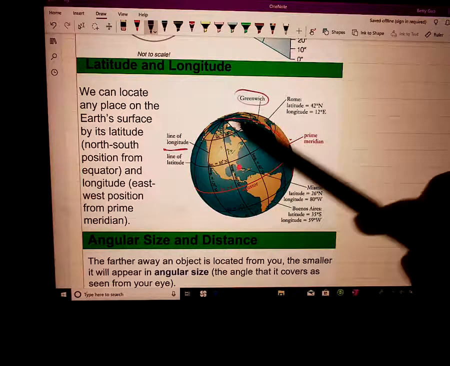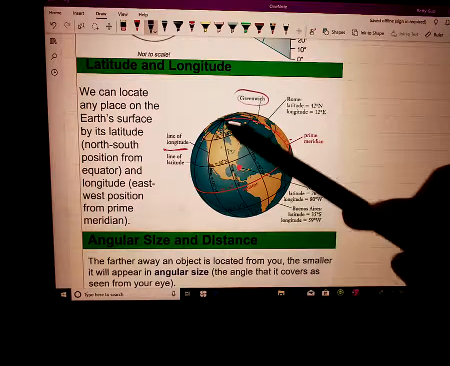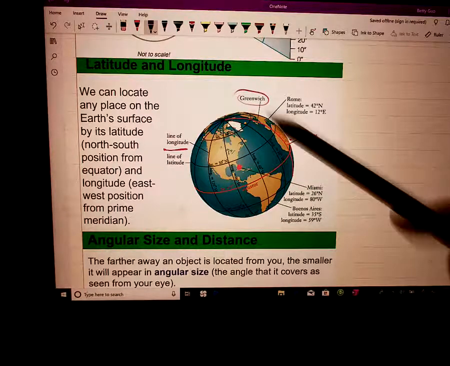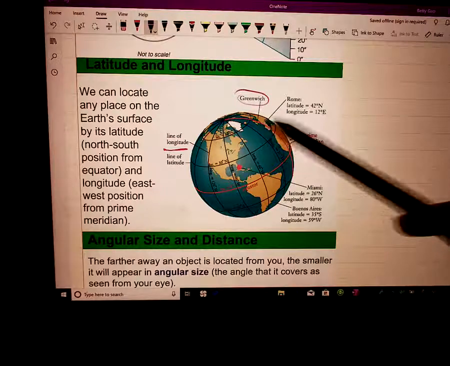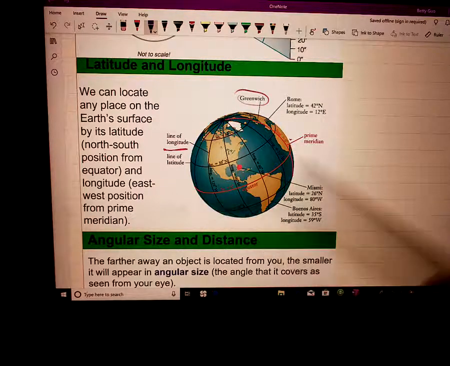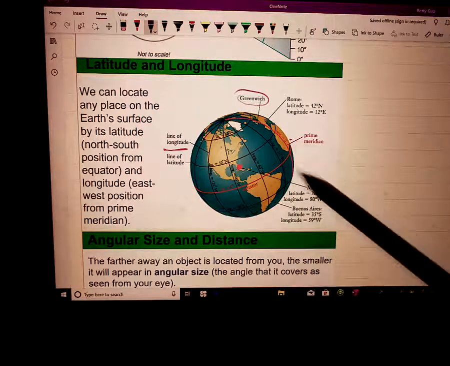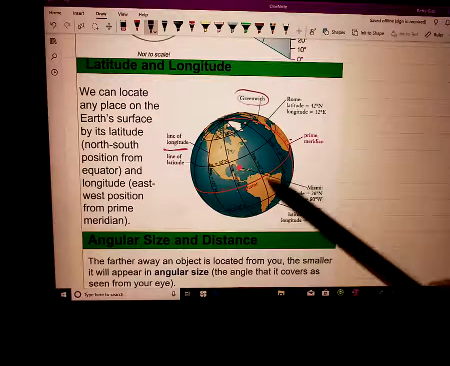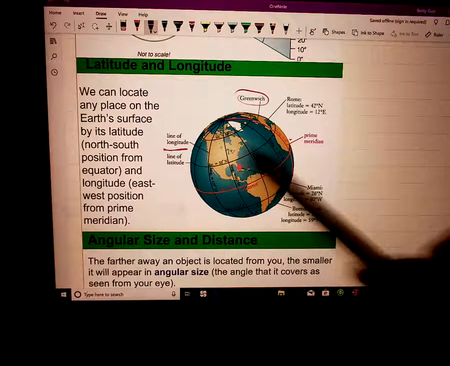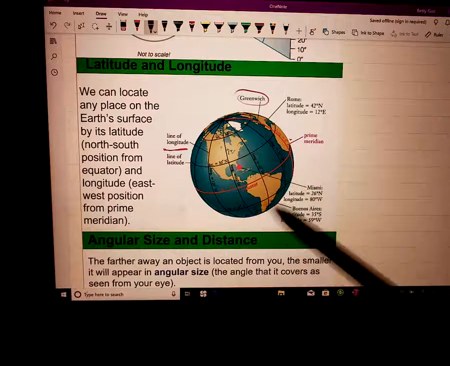On the map, this red line is the prime meridian in Greenwich, England. And this is the equator. We know what the equator is, right? The equator divides the globe into the northern hemisphere and the southern hemisphere.